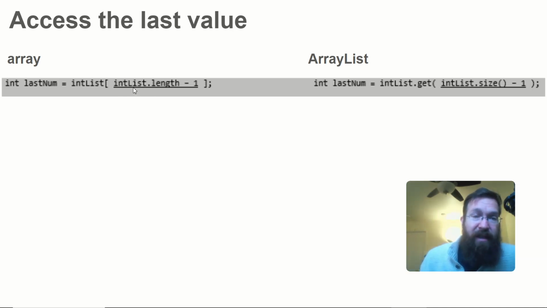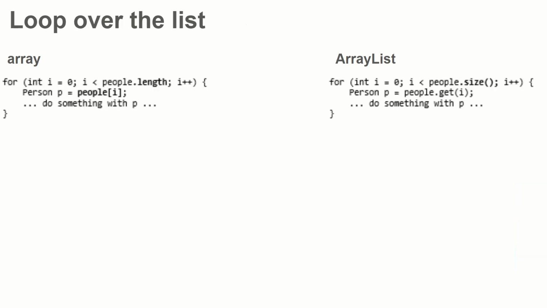So the last index is always one smaller than the number of things in the list. So the way that you access the last element is first you ask your list, what's the total number of things, and then you subtract 1, and then you use that as the index that you want to access. And that's what's happening here. On the right-hand side, it's exactly the same, except .get instead of square brackets, and .size instead of .length.